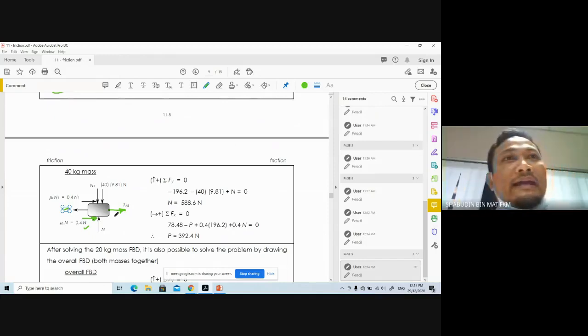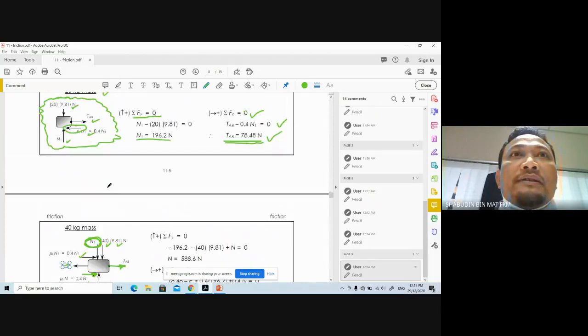And then of course you have the weight of the 40 kilogram mass, 40 multiplied by 9.81, and you also have normal N1 again on the body. You have a frictional force there, mu s N1.